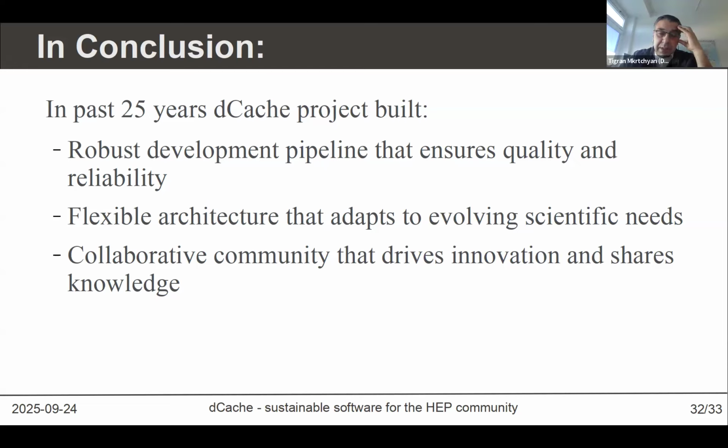Right. So indeed, I mentioned this as a part of an answer to a previous question. The main direction we're looking at is scale out. We know that HL-LHC, PETRA IV, DUNE, SKA, and other communities will have a huge amount of data.